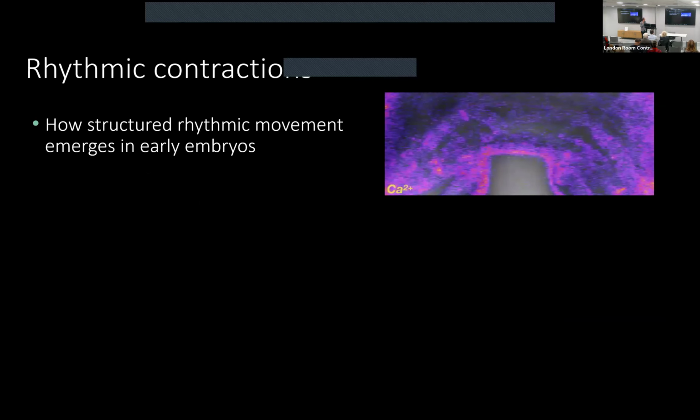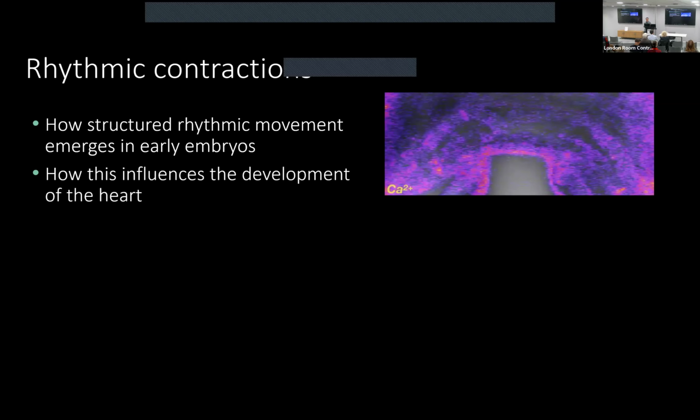In particular, in this project, what they're looking at is rhythmic contractions rather than just overall structure, which is a bit of a change for me. They're particularly good at early embryos, 7.5 to 8 day old embryos, and how they go from a few cells contracting almost randomly to a much more structured movement.